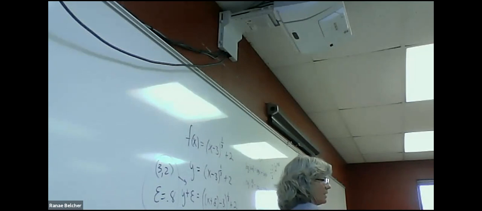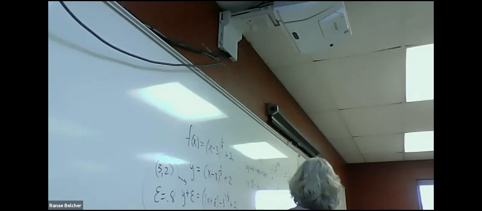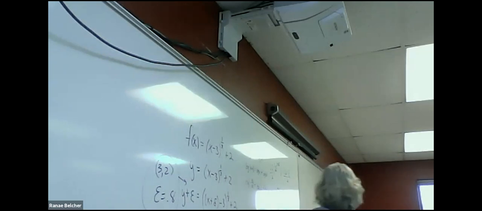Can't cancel the logs. This is like we can't cancel square root signs. They have a function, not a variable. So that goes out. I have 3 plus delta equals log of 8 plus 5 epsilon over log of 2. And then I can subtract 3 from both sides. And I would have delta equals all of that.